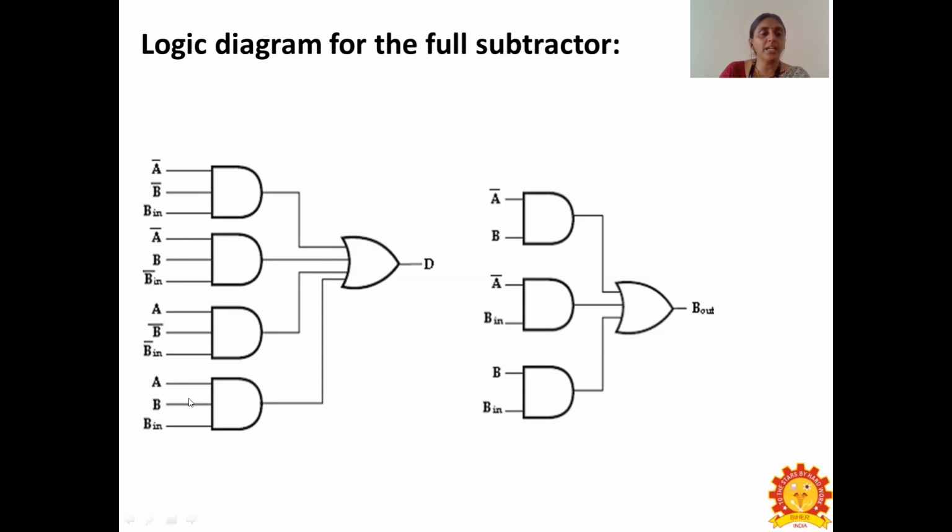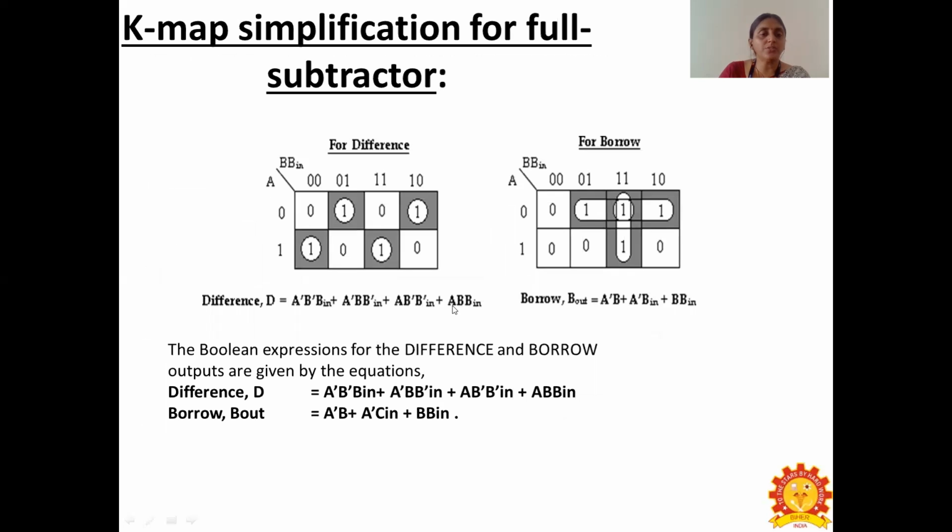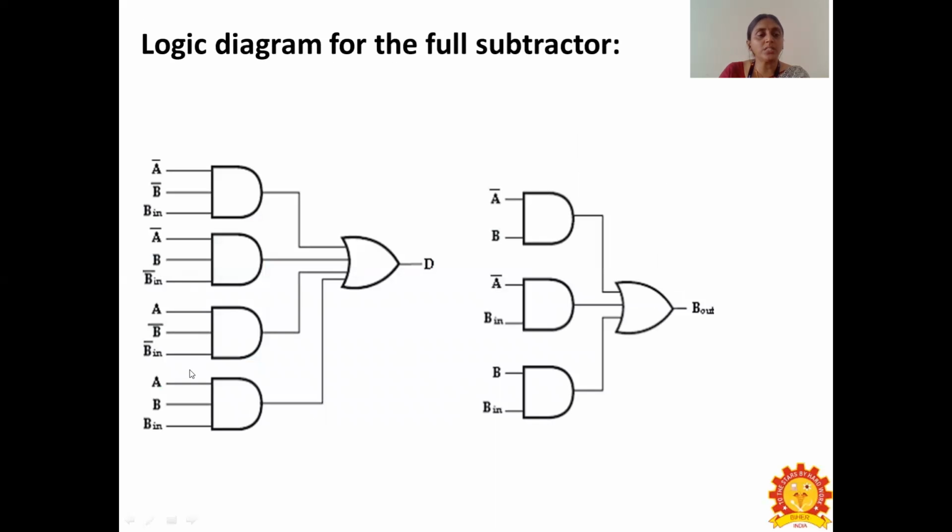And the fourth part of the simplified Boolean expression for the difference output D is A, B, B in, the borrow input. So in the logic diagram, the last AND gate involves A, B and the borrow input.